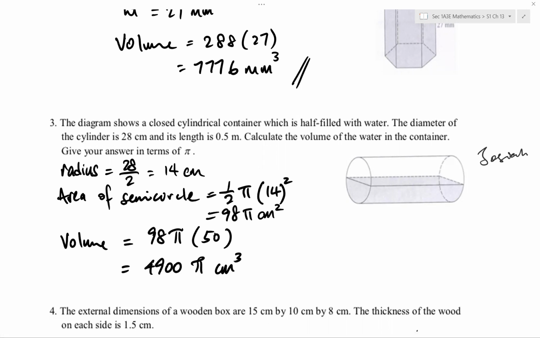Times what? Times 500. What? 98 times 50. 4,900. 49 square meters. 49 cubic meters. What would it be?